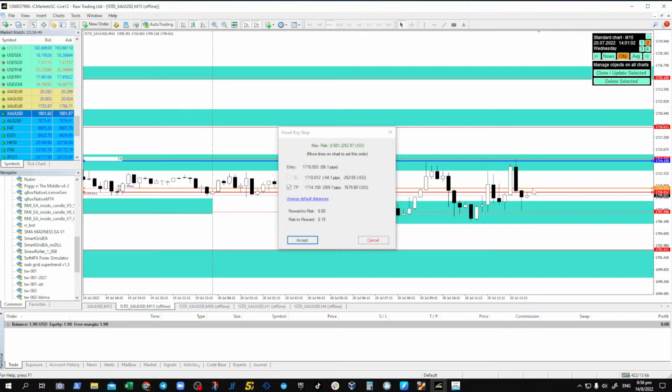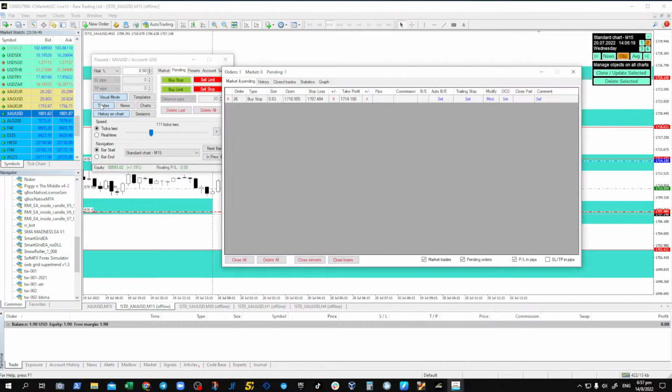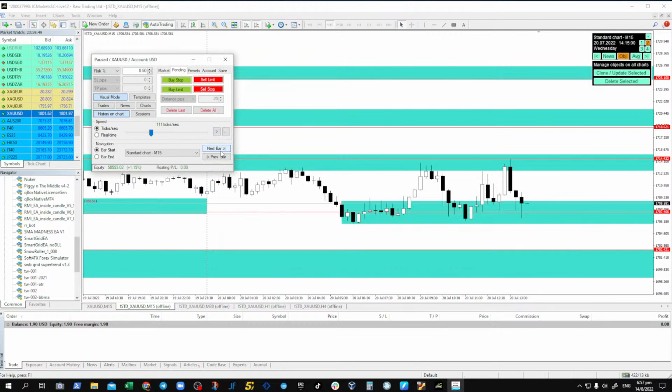Not very comfortable doing this. If price broke below the low of this candle, we need to cancel our pending order. Okay, now I need to cancel this one. Okay, let this candle close and see where it goes.